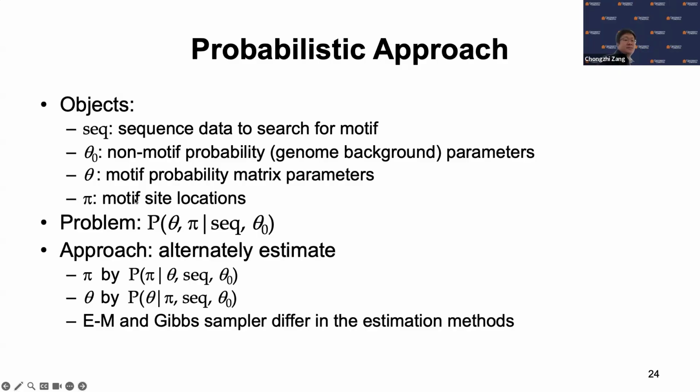And pi represents the motif site location. So if we define the problem in a statistical way, given the genomic background, theta 0, and the input DNA sequence, we want to identify the probability of having a certain motif at a given location in the DNA sequence.